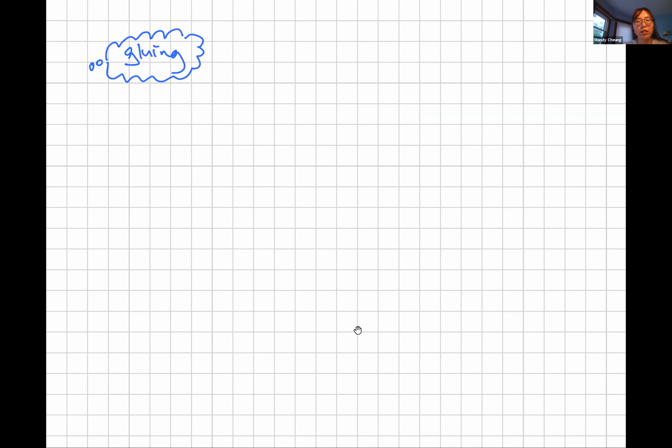The next thing I want to talk about is scattering. So the scattering we are talking about is the Maurer-Cartan space associated to a point in the base, which is the picture in Mark's talk.